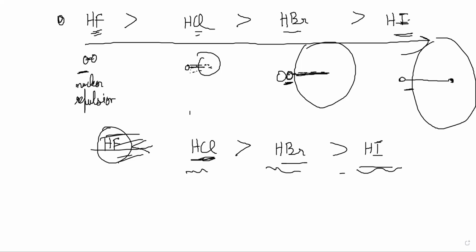So the OH polarity is highest in HClO4, therefore the strongest acid will be perchloric acid, HClO4.